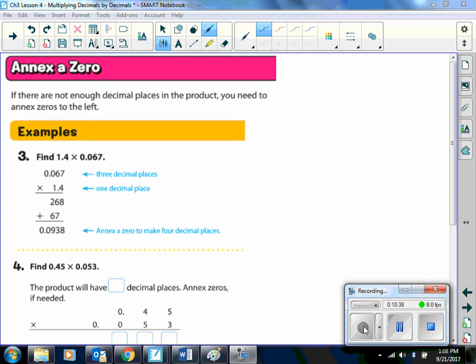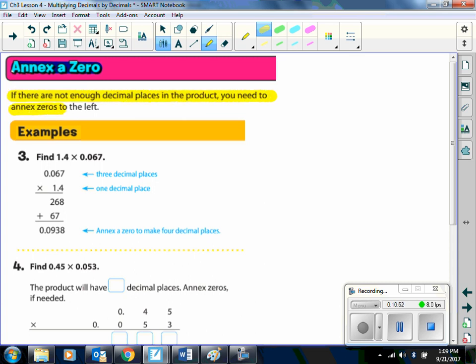So now we're talking about annexing a zero. Okay? So now we're talking about annexing a zero. If there are not enough decimal places in the product, then you will need to annex zeros to the left. Yes, write that down. Okay?